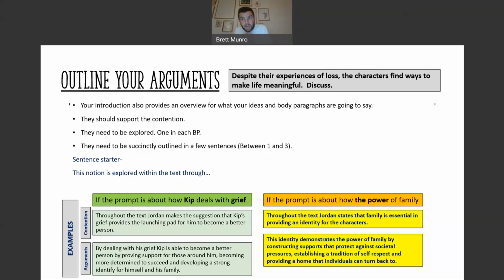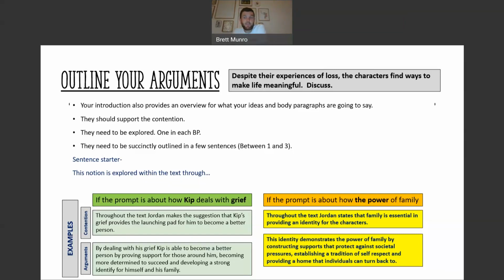And they bind them together and they unify them with the same sort of values and the same sort of traditions. So that would be your three ideas. And we put that in a sentence by saying something like, by dealing with his grief, Kip is able to become a better person by providing support for those around him, becoming more determined to succeed, and developing a strong identity for himself and his family.